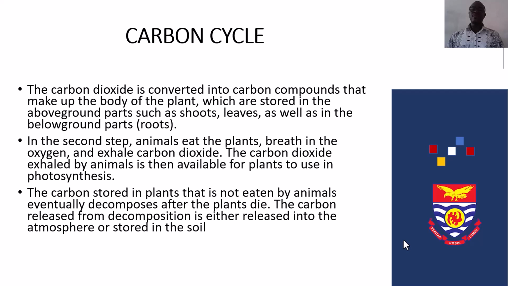In the second step, animals eat the plants, breathe in the oxygen, and exhale carbon dioxide. The carbon dioxide exhaled by animals is then available for plants to use in photosynthesis. The carbon stored in plants that is not eaten by animals eventually decomposes after the plants die. The carbon released from decomposition is either released into the atmosphere or stored in the soil.